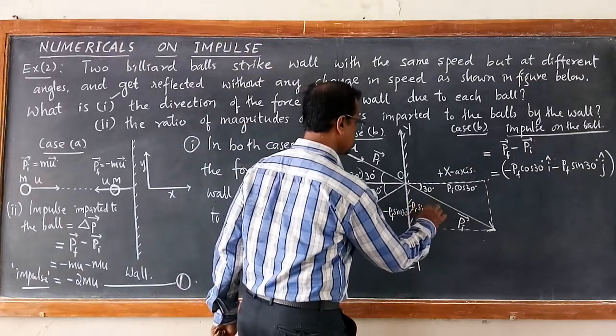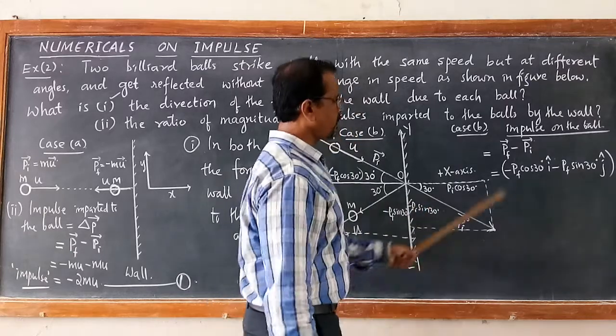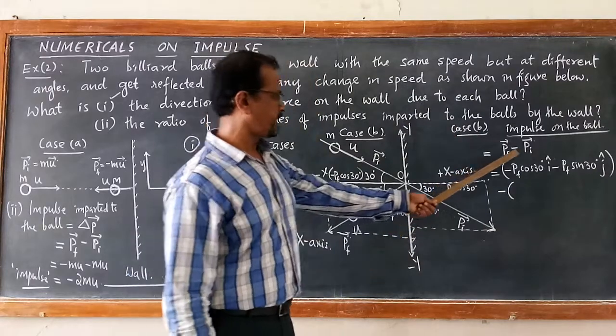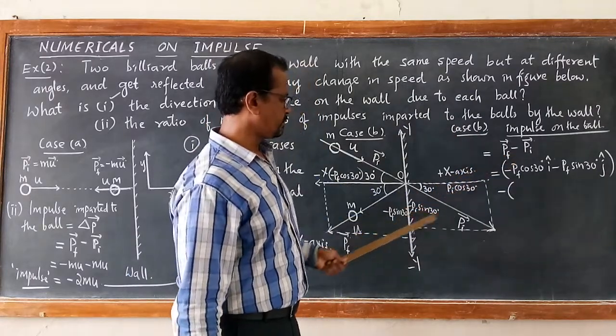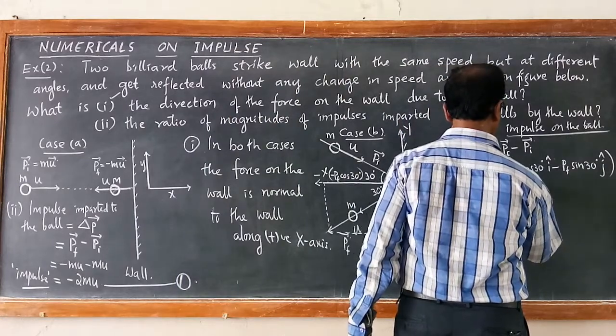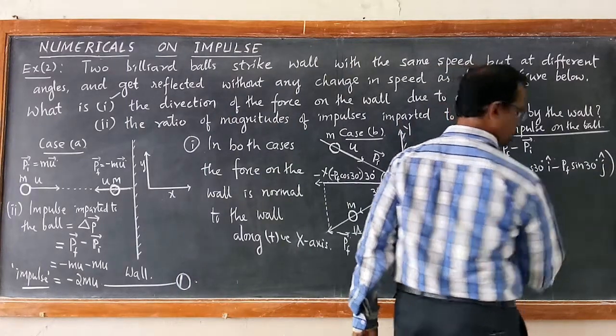Now I write minus Pi vector. The Pi vector is the x component plus the y component. The x component is Pi cos 30.